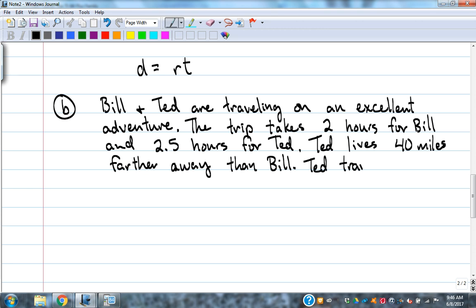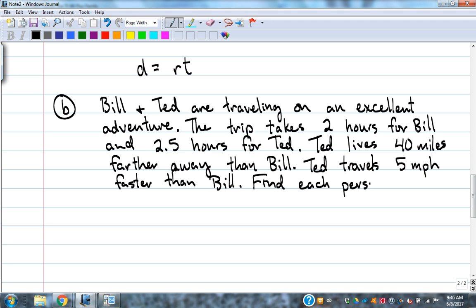Ted travels 5 miles per hour faster than Bill. Find each person's average speed.